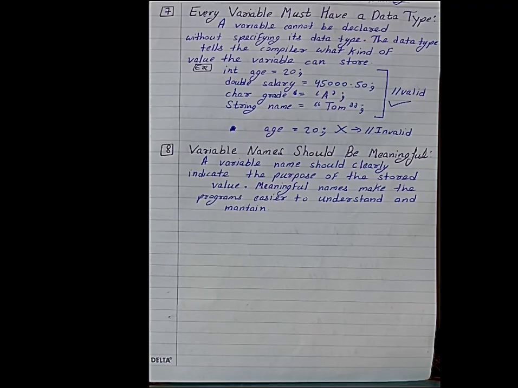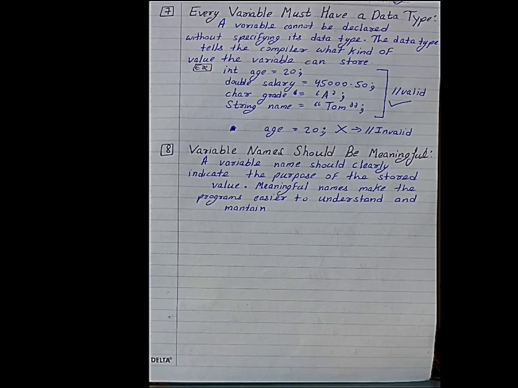The next rule is every variable must have a data type. A variable cannot be declared without specifying its data type. The data type, as you know, tells the compiler what kind of value that variable can store.